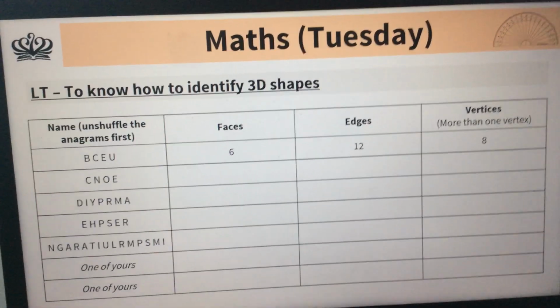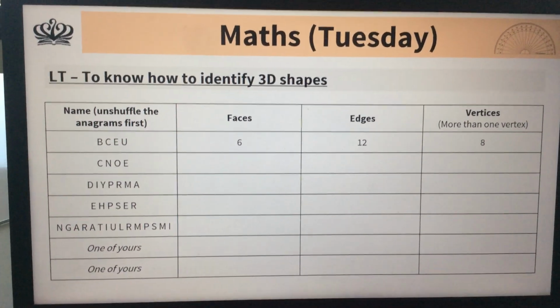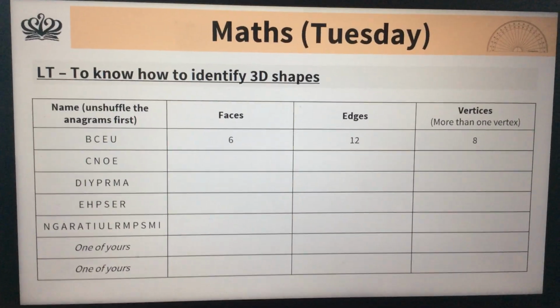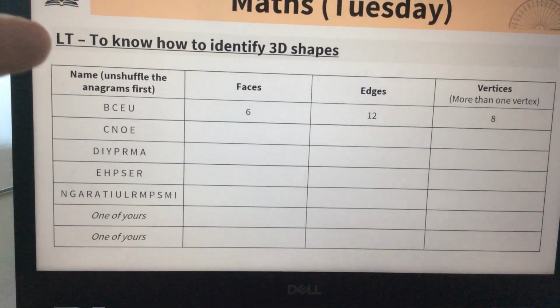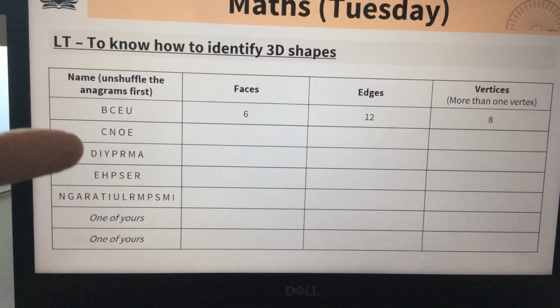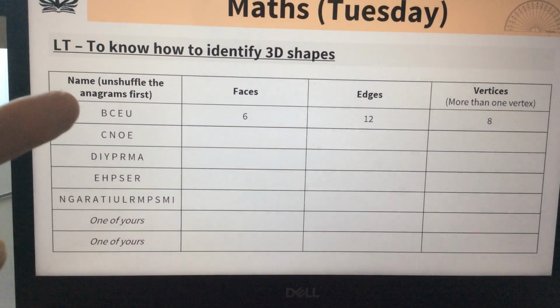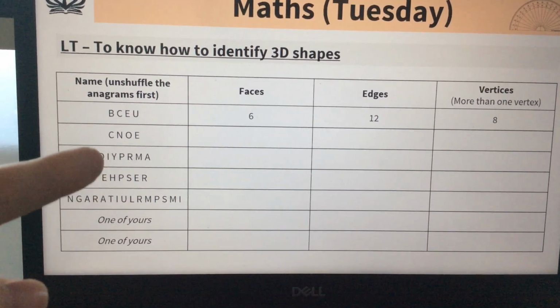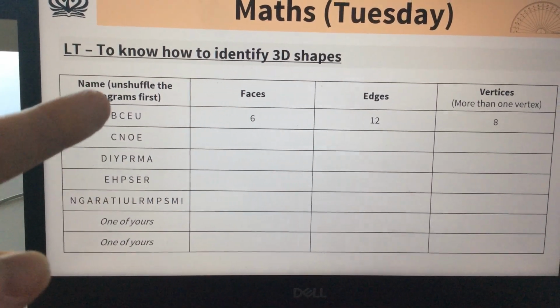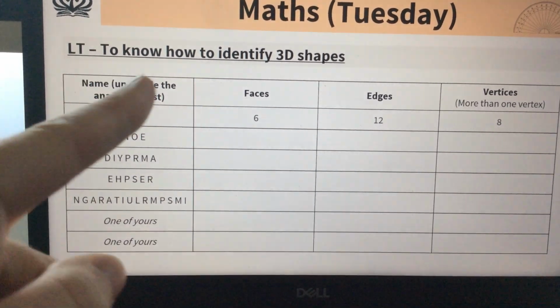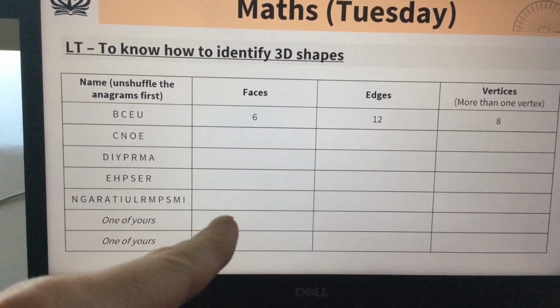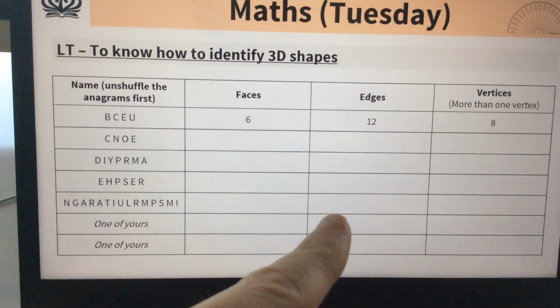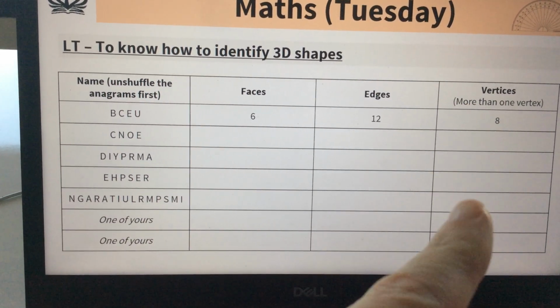Your task for today is to fill in this table which is in your answer booklets. First job is that you've got some anagrams. These are 3D shapes, but the letters are all mixed up, so your first job is to decipher what word these are. The next column, you've got to tell me how many faces it has, how many edges, and how many vertices.